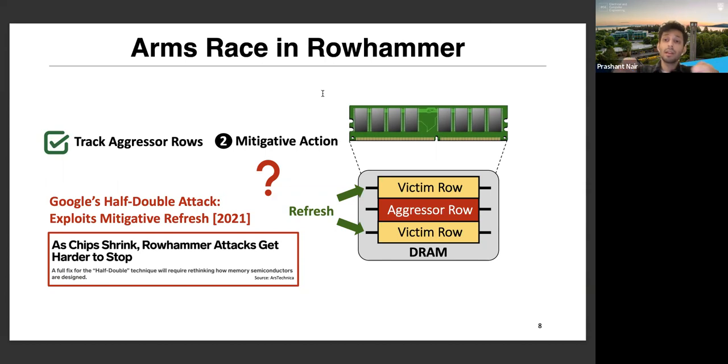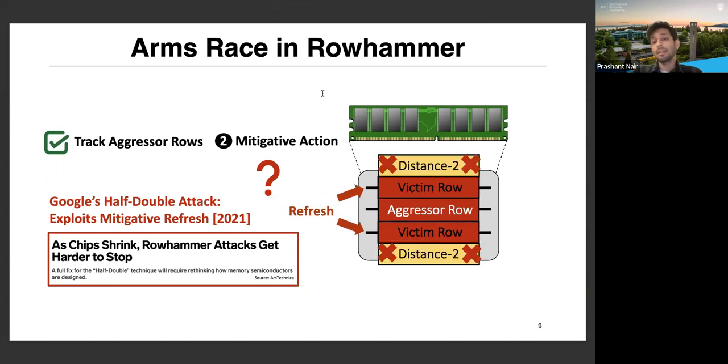Now, these mitigative refreshes themselves can be aggressor-like events and can cause bit flips. So when an aggressor row issues mitigative refreshes to its neighbors, distance of 1 rows, those mitigations can be construed as an attack for the distance of 2 rows and can cause bit flips.